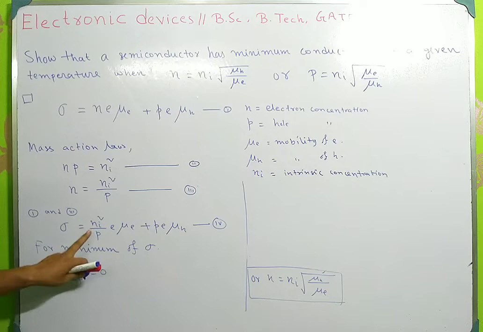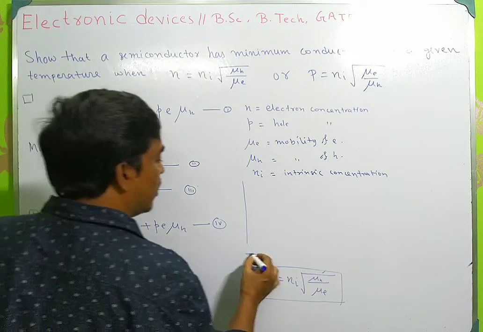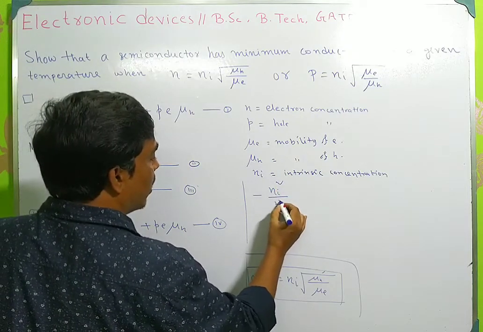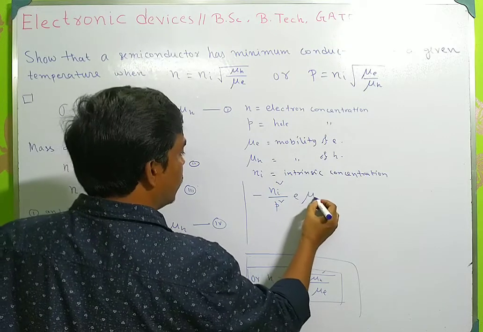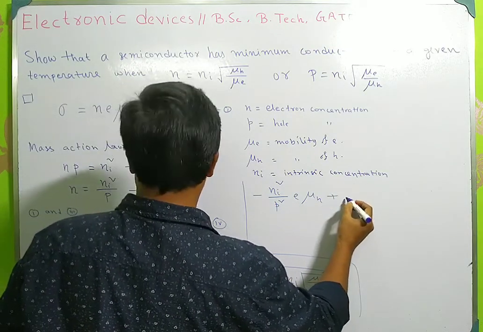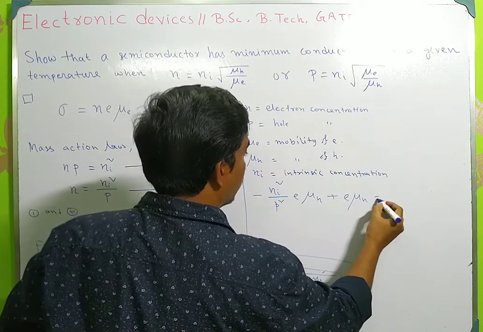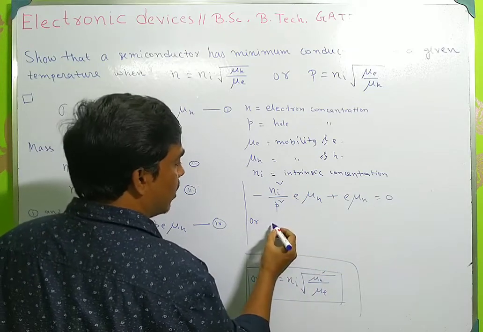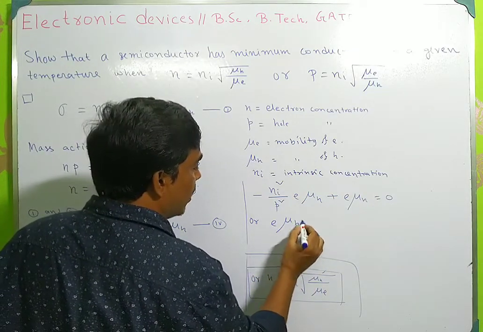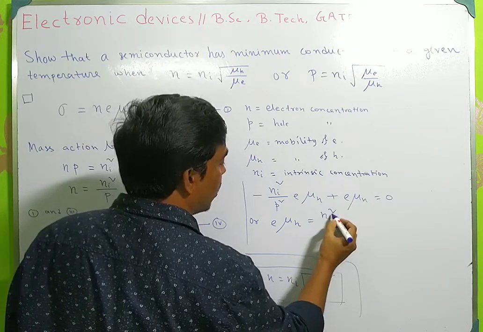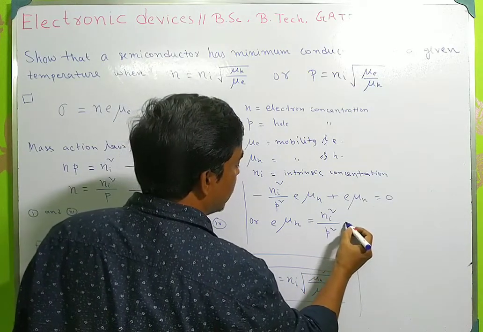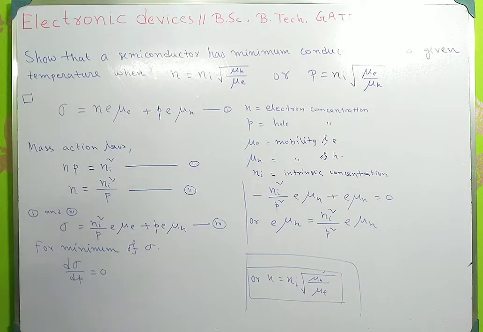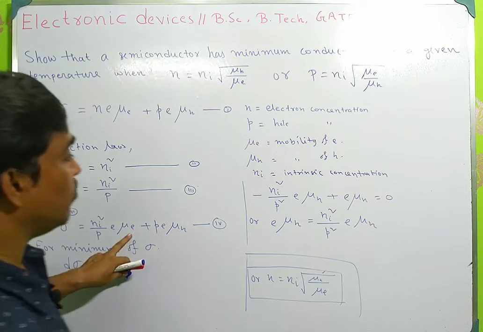If I differentiate this function, it will be minus ni square by p square e mu e plus e mu h equals 0. So from this equation we can say that mu h equals ni square by p square into mu e.